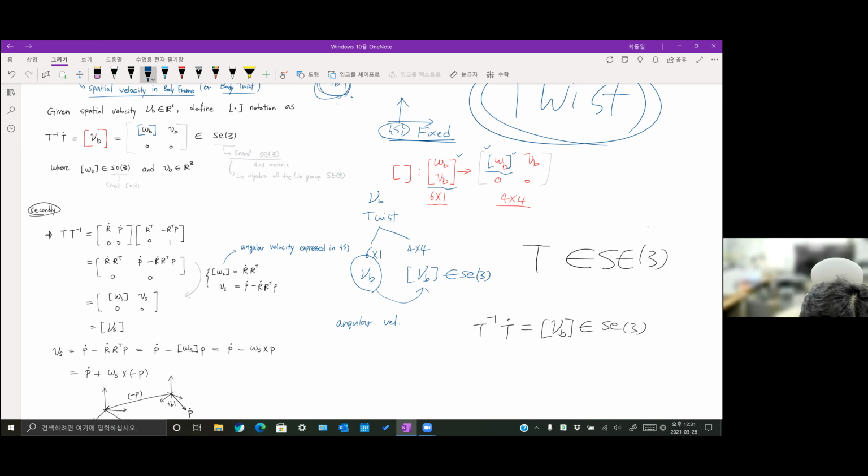Omega is a 3x1 vector, but when we use the skew symmetric bracket, it becomes a 3x3 small so3 matrix.